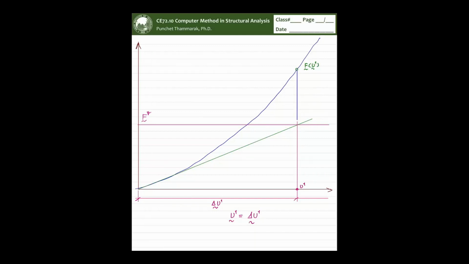Now, how do we go to the next step? We construct everything based on the current condition. So first of all, the tangent slope has to be updated.